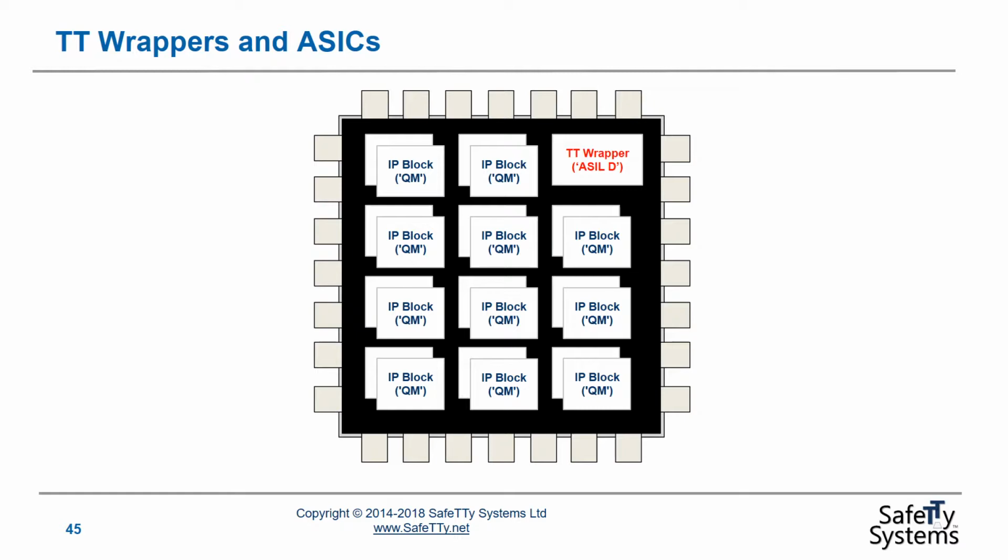The end result we want to achieve is we want to have this whole ASIC that contains these various IP blocks, we want to have this qualified. And in particular, we want to be confident that this ASIC will operate correctly. We can do this by incorporating a TT wrapper mechanism within the ASIC itself rather than as a separate processor. And this can be an effective way of ensuring that our ASIC will meet the required requirements.